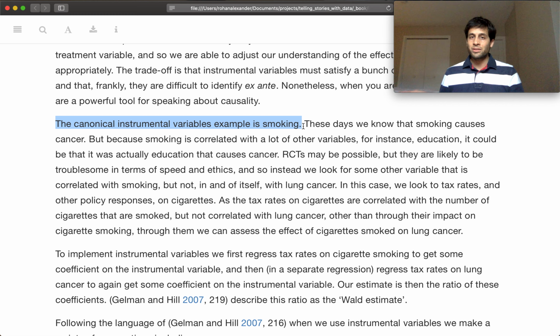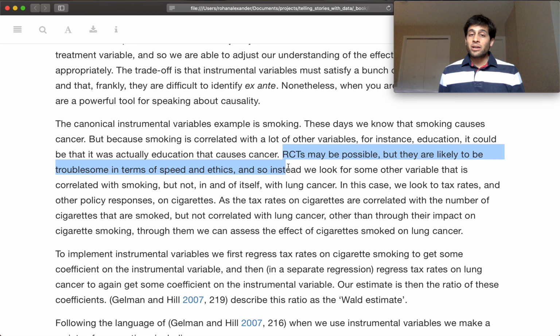It seems silly these days, but it's just an example to show you why it's so difficult in the real world to isolate causal effects. As an aside, it was actually our old friend, the geneticist Fisher, who spent quite a lot of time trying to debunk the link between smoking and worse health outcomes. But yeah.